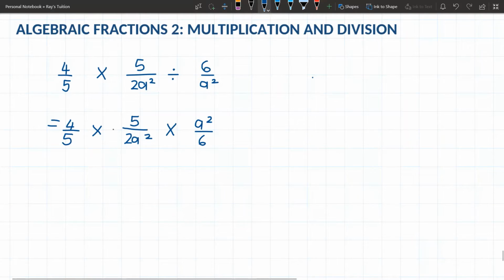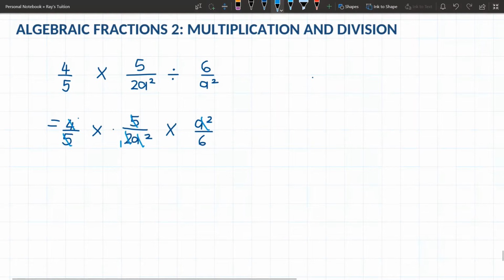And we cancel out denominator with numerator. So for this one over here, the 5 in the denominator cancels out with the 5 in the numerator over here. The a squared in the denominator cancels out with the a squared in the numerator over here. 2 goes into 4 twice, and it goes into 2 one time.